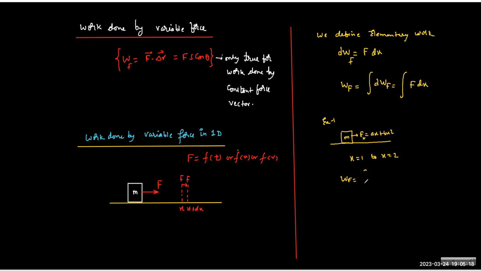So the definition is the integration of Fx dx, the force in the x direction. And the answer is what? Integration of ax plus bx square, and x will go from 1 to 2. So the range will be the limits of integration. And I hope you can solve.